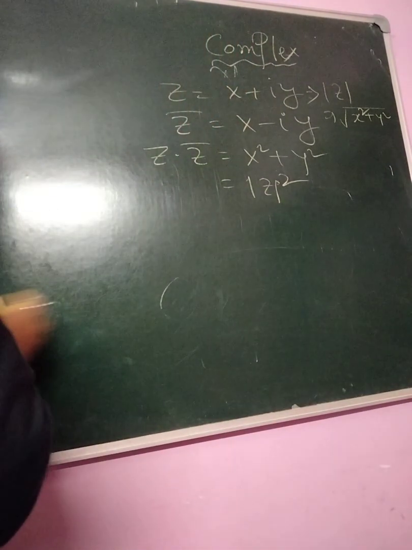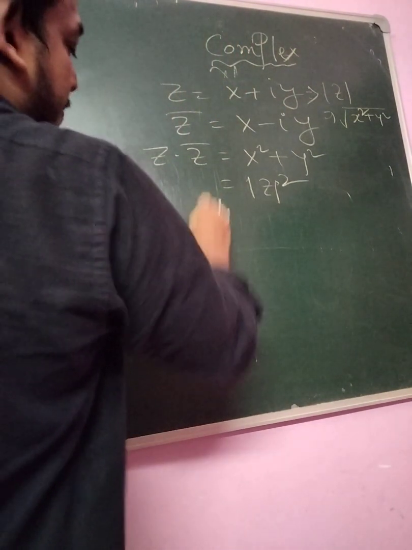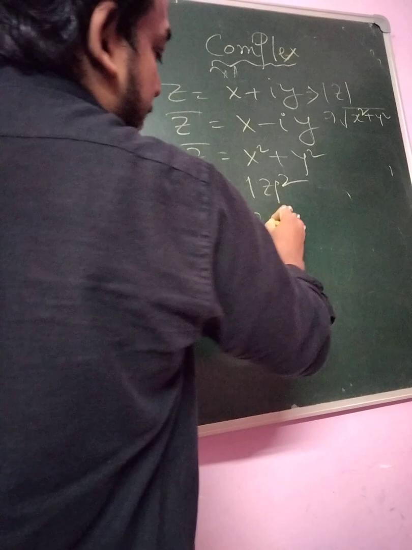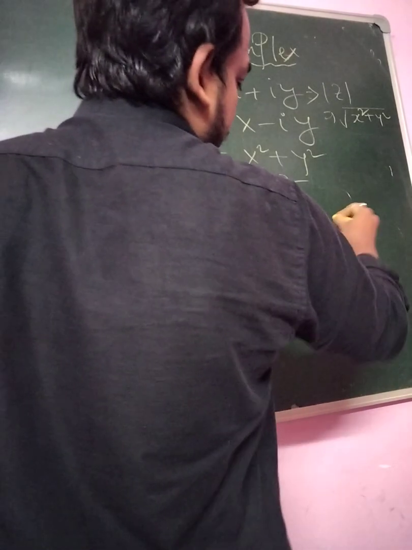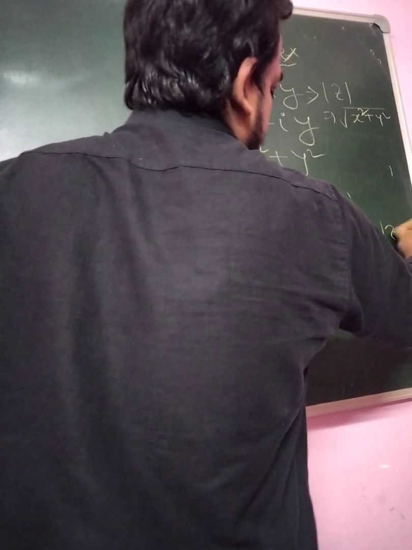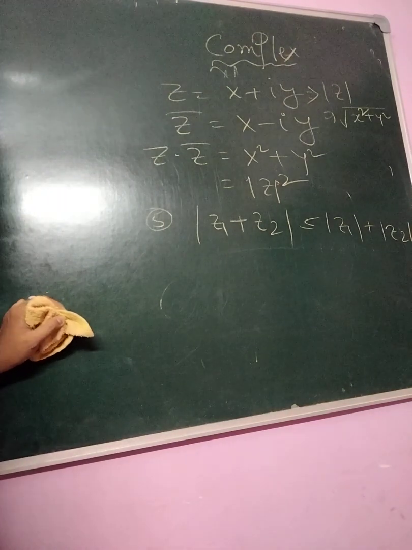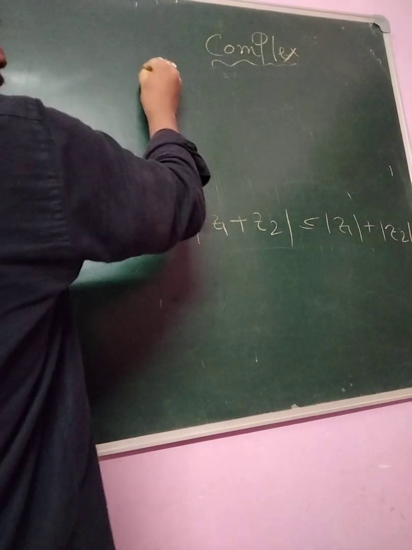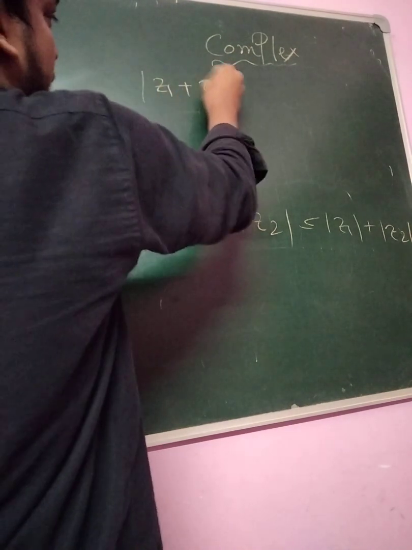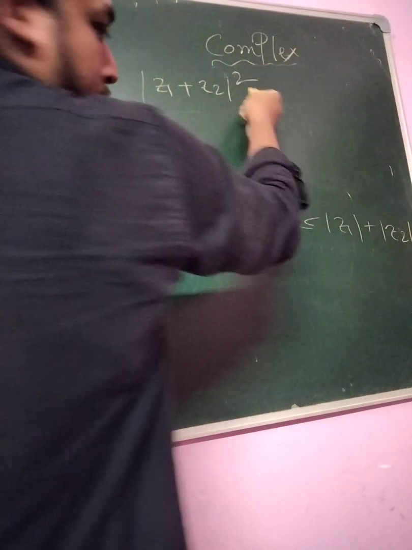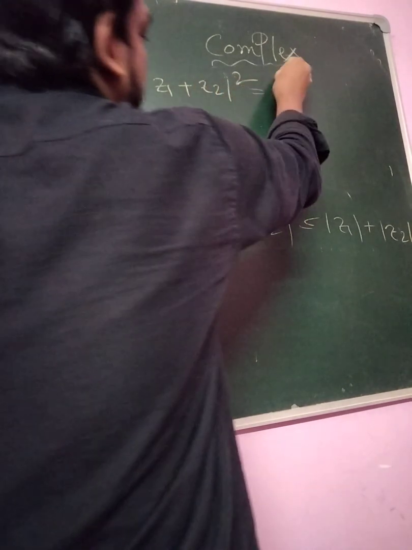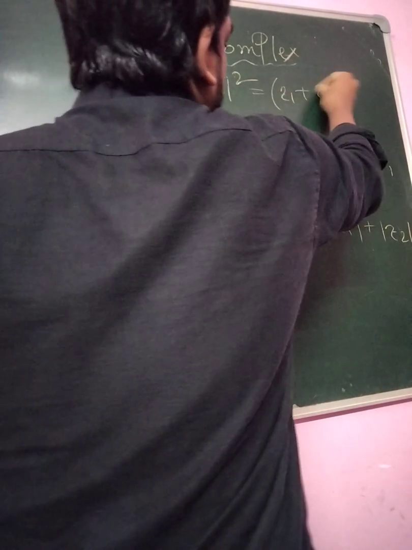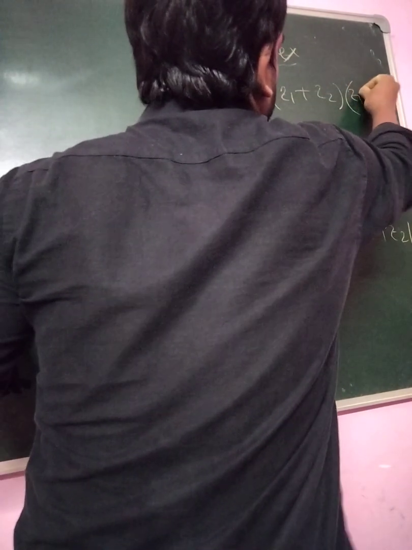And the next property is mod of z1 plus z2 is less than or equal to mod z1 plus mod z2. So how can we prove this one? Now please see the proof. Here we know that mod of z1 plus z2 whole square, we already know that mod z square is z into z bar.